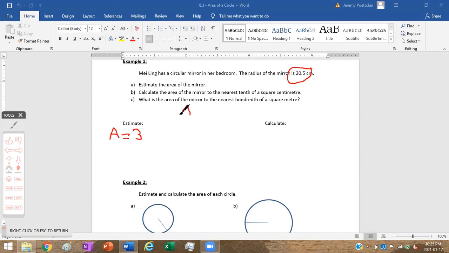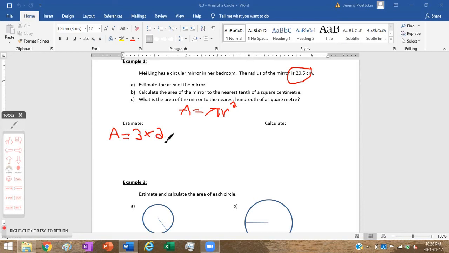Again, our formula, I'll write it down once here at the top: area equals pi r squared. Estimating-wise, pi is about 3. It's actually 3.1415 and so on. We're going to use 3.14 when we're doing the actual calculations, but for our estimate pi is 3, times 20.5.